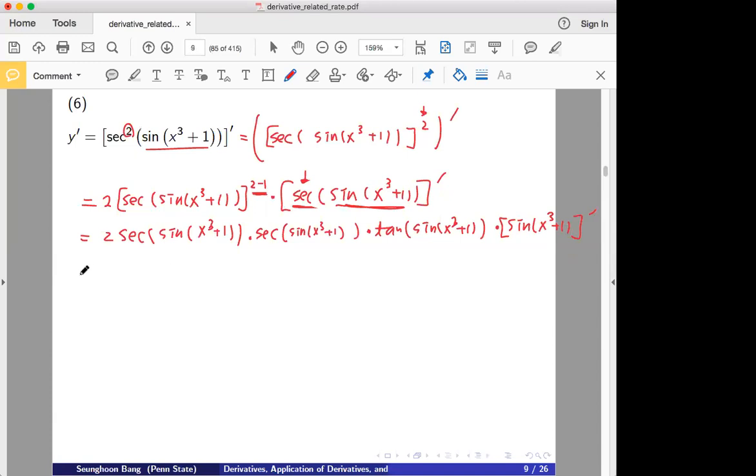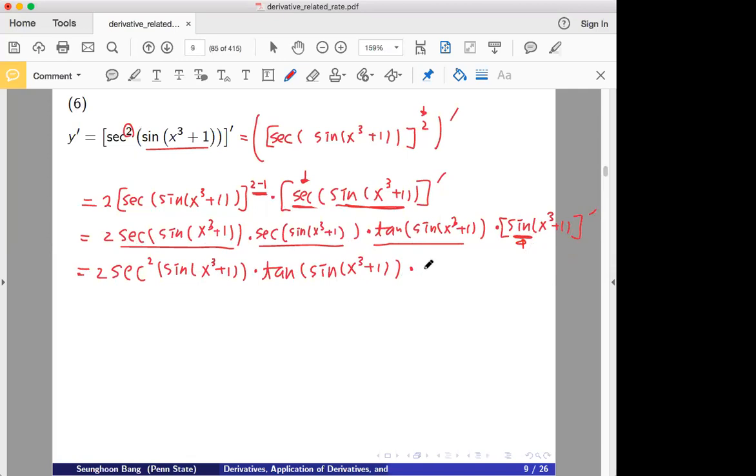You can combine. This is 2 times, what happens? Secant of sine times secant of sine is secant squared. Secant squared of sine of (x cubed plus 1), times tangent of sine (x cubed plus 1), times here, sine is the outer function.